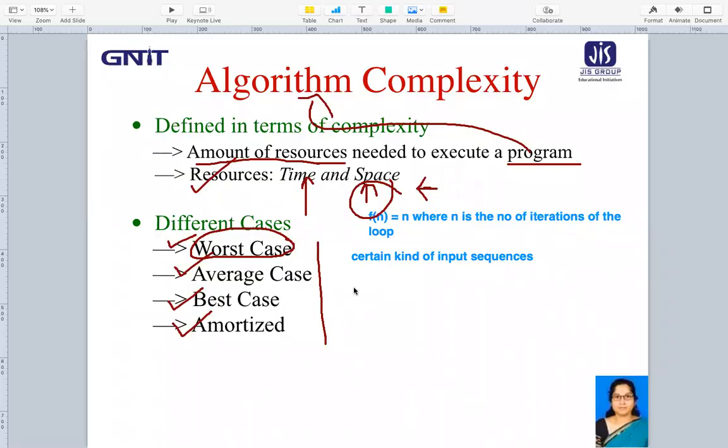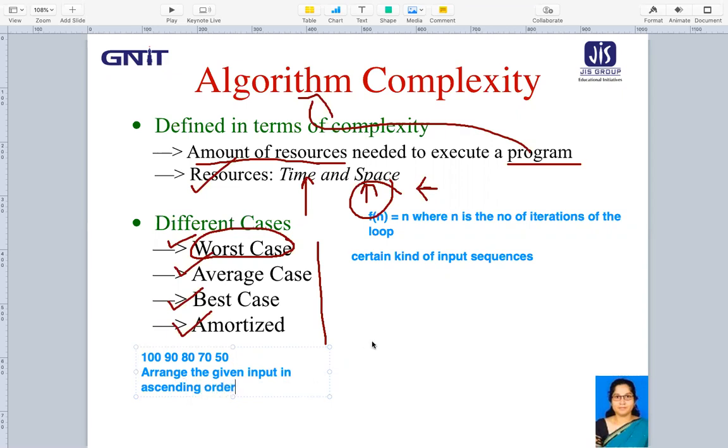Let us think about a simple sorting algorithm, and let us take an input sequence. Let my input sequence be something like 100, 90, 80, 70, and 50. I have been told to arrange this sequence of numbers in ascending order.